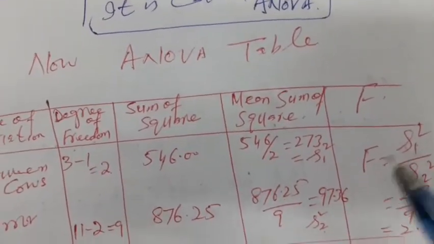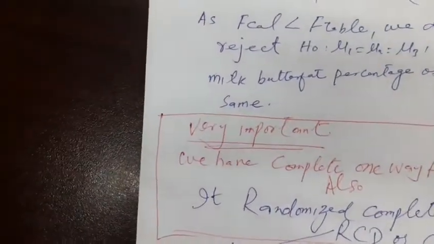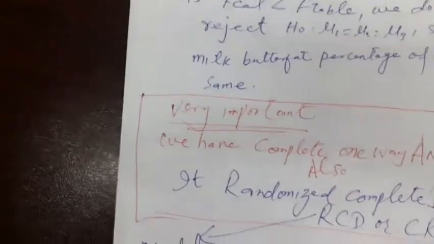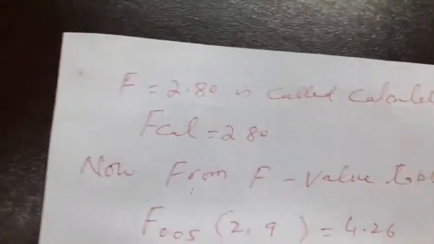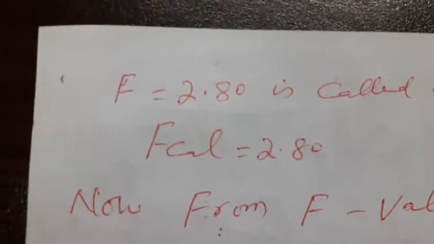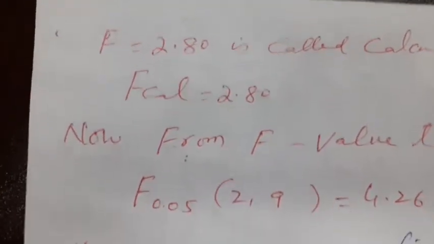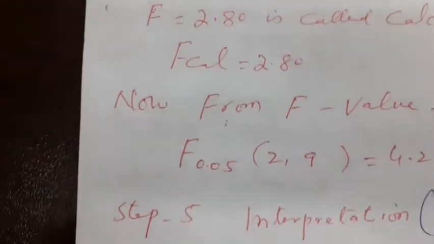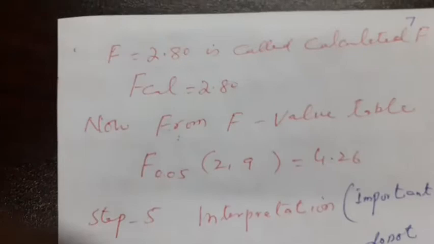That is F calculated because we have made our calculations. F is 2.80, called the calculated value of F. Now from the table values, F at alpha 0.05, we want to test the columns.